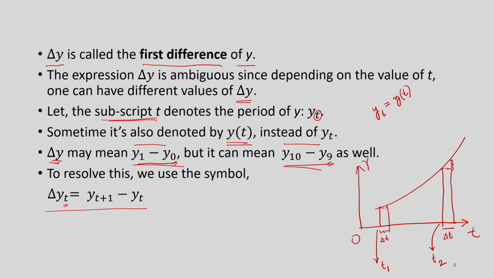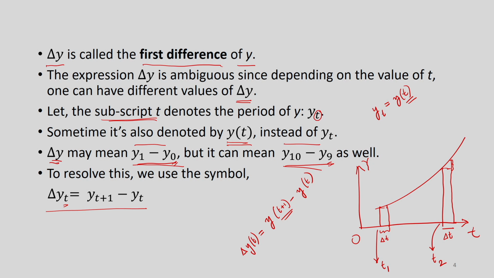So, in case we take this bracket expression, it will be like this, right. So, that will be delta y t, okay, had we used the bracket expression. But in this module, at least, we are not going to use the brackets, we are going to use the subscript.